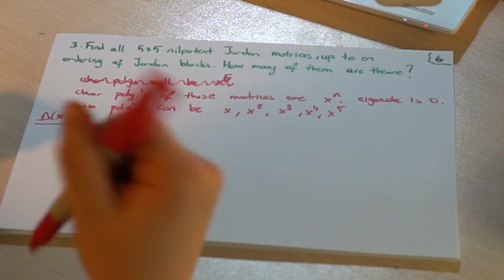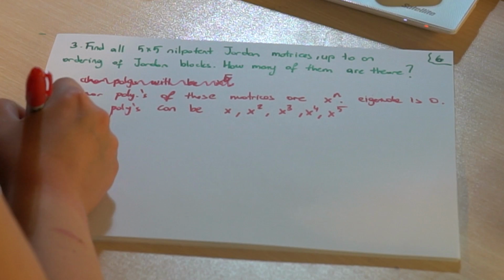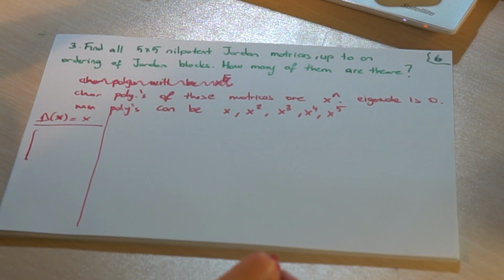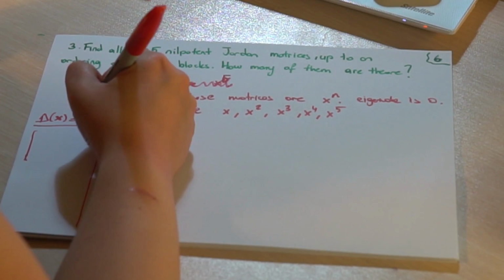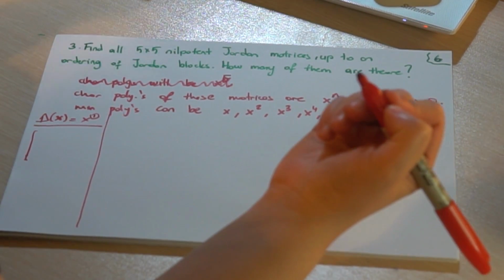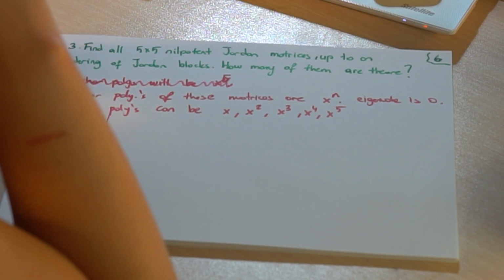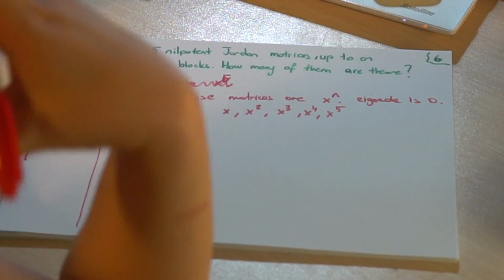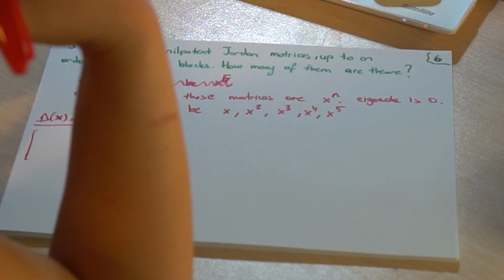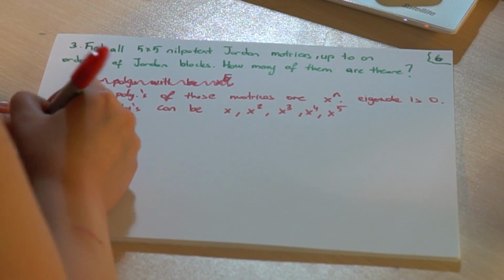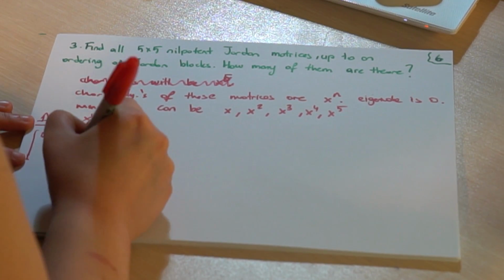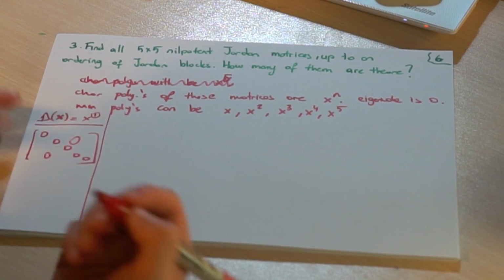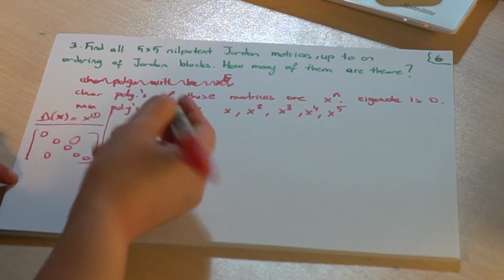This is x to the 1, right? So the maximal block will be 1 by 1. Since the maximal block is 1 by 1, all blocks must be 1 by 1. So this is the 0 matrix.